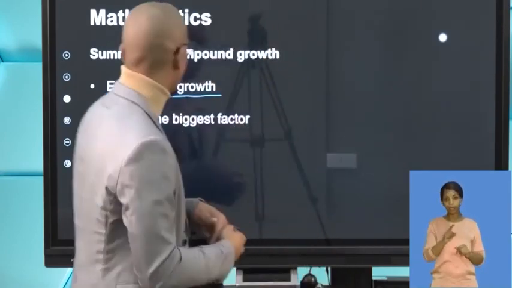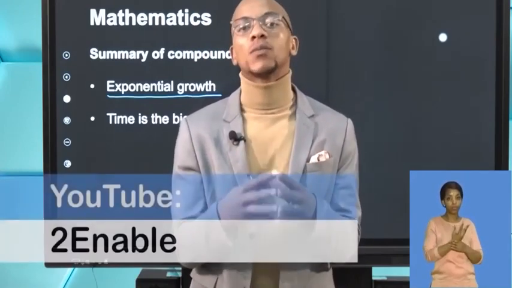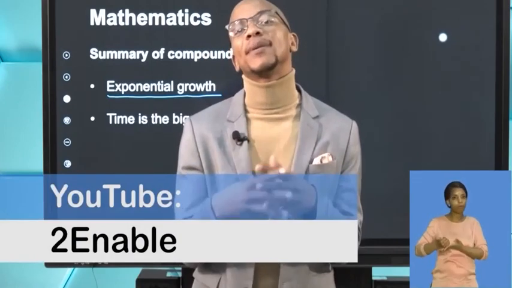The last point is that time is the biggest factor. I can't stress this enough. With compound period and compound growth, there is no way that time will not be in your advantage. Time is always the biggest advantage that you need to take when it comes to investing under a compound growth.